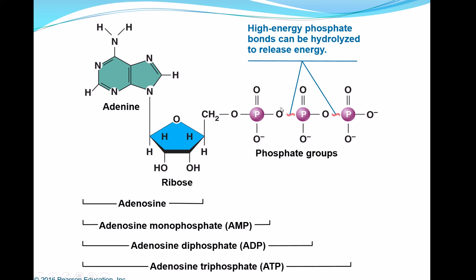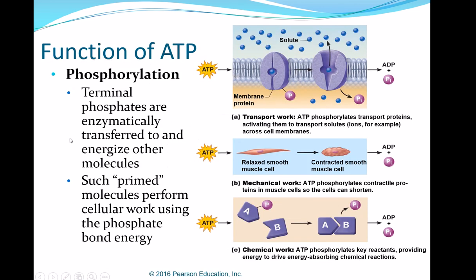And by breaking the bond between the phosphate group and what essentially becomes ADP, we have a ton of energy to do really useful things in the body, whether it's transporting things across cell membranes, contracting our muscle cells so that we can move, which is a type of mechanical work, or making new molecules, using that energy to power other things in the body.